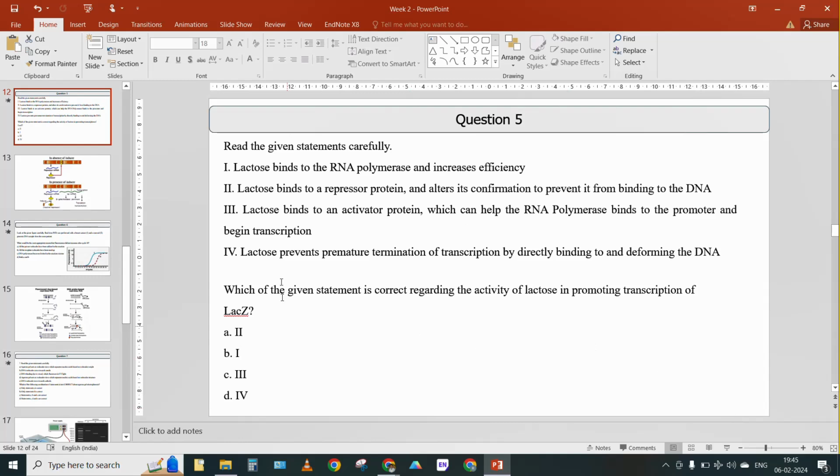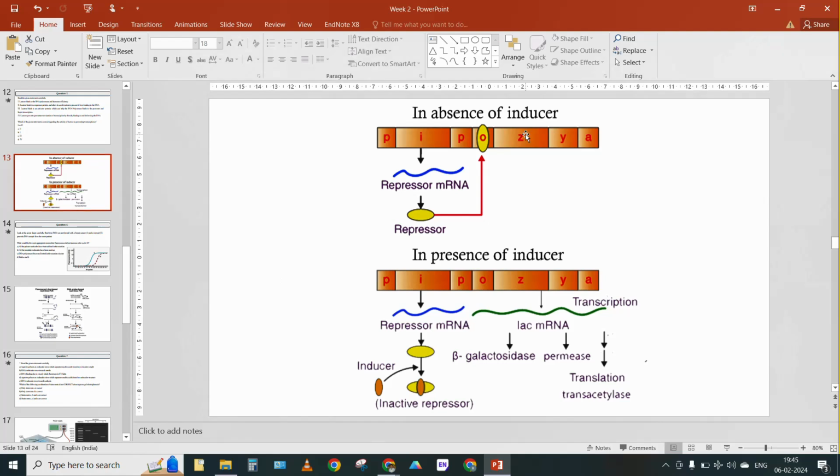Here there is one clarification and the basic concept of the lac operon. Do you know what the lac operon is? Would anyone like to give the basic definition of the lac operon? A simple definition?